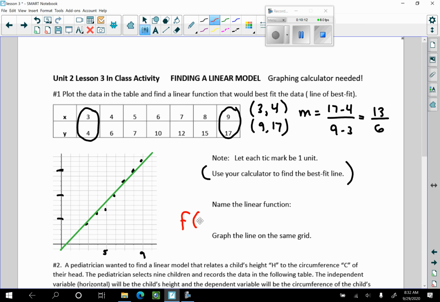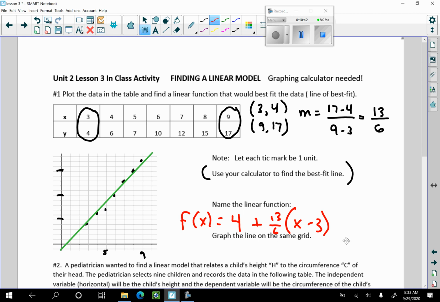I can choose whatever point I want, the second point or the first point. I'm going to choose the first point, and it's going to be 4, which is this y value, plus the slope times x minus 3. I do not have to put it in slope-intercept form.